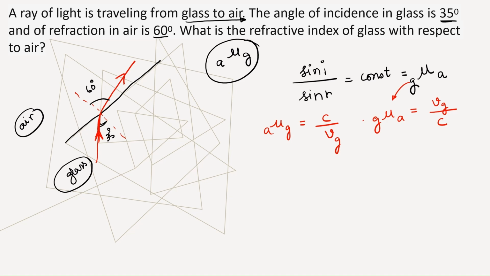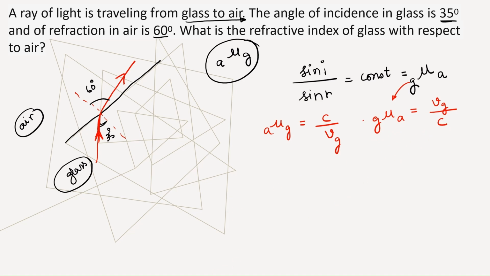If it is not clear, just revise it again, you will get it. So here we are writing of glass with respect to air, hence speed of air is in the numerator and velocity of glass is in the denominator. Similarly, here we got velocity of air with respect to glass, hence the velocity in the numerator will be of the glass and denominator will be this.